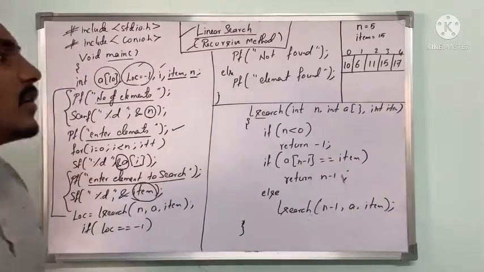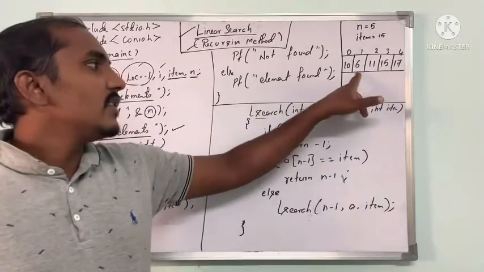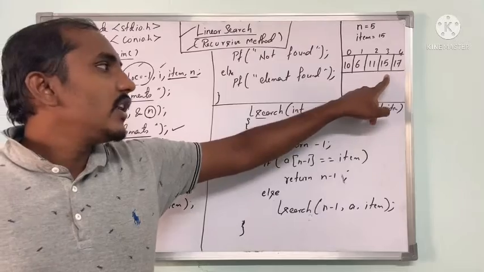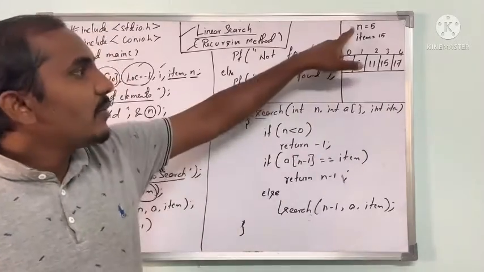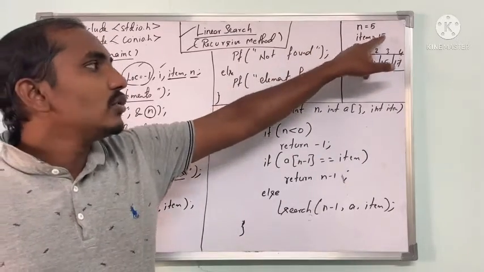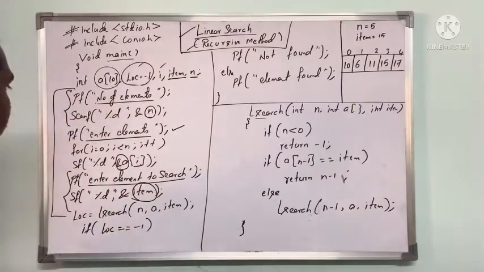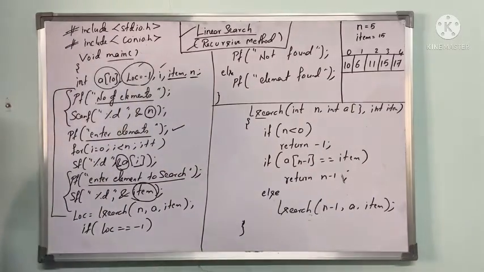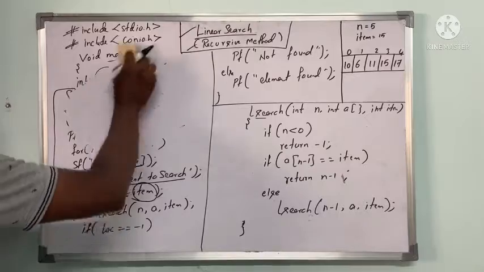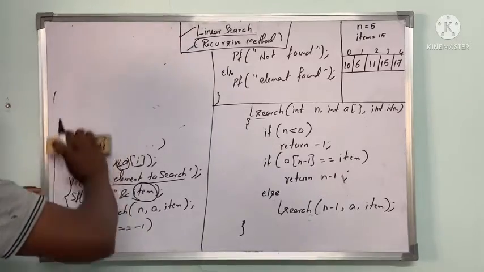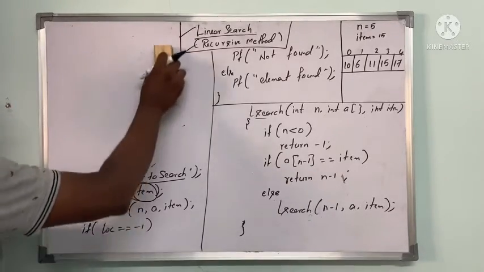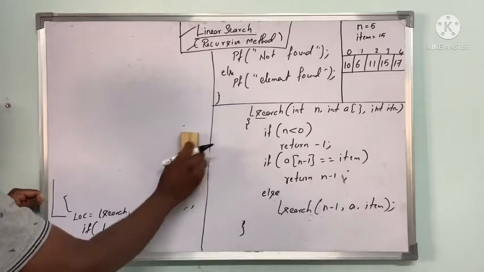So I have an array with 5 elements, 10, 6, 11, 15 and 17. The number of elements is 5 and the element I want to search is 15. That completes this portion. So we have taken the input that is required for our program.